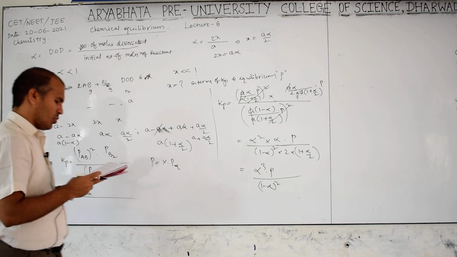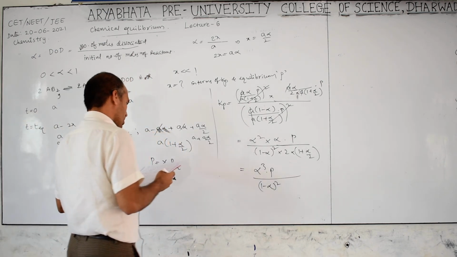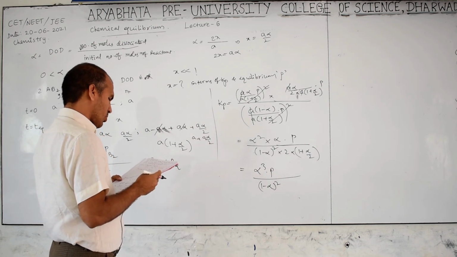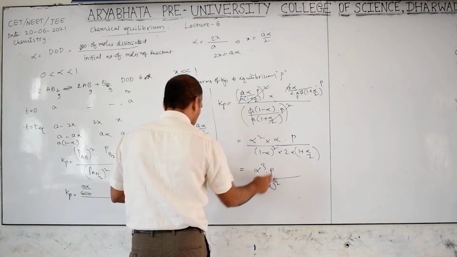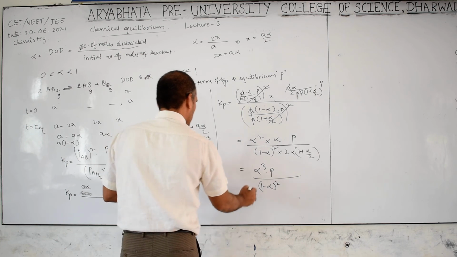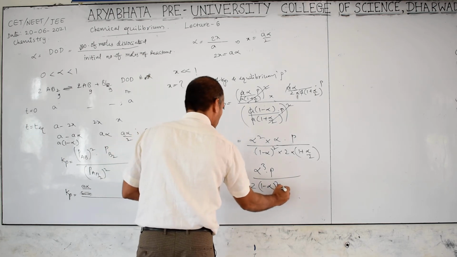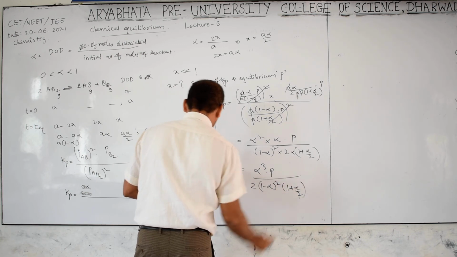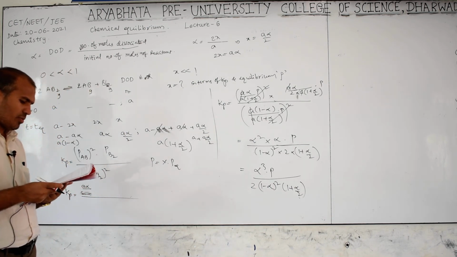A alpha by 2, then A alpha square, A by 2 alpha square. Kp is equal to x cube into P by 2 also, into 1 plus alpha by 2. This is a Kp expression.